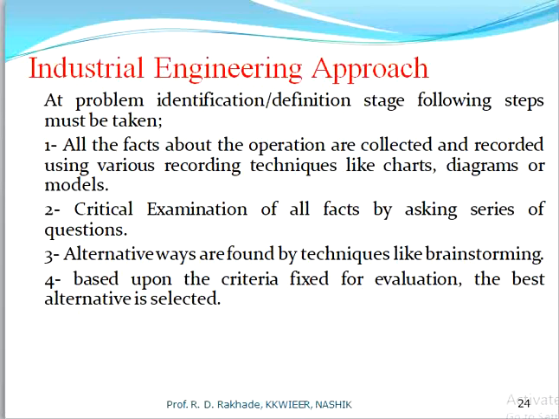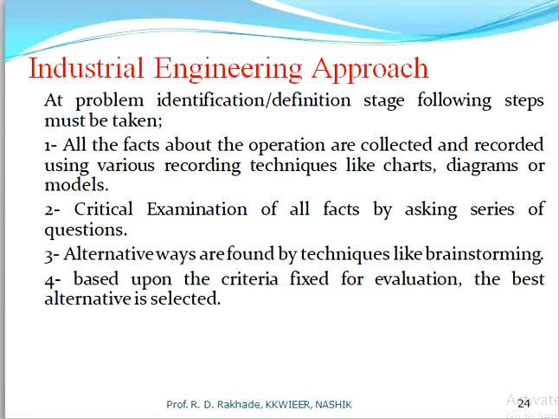So there is an approach of industrial engineering to handle problems. At the problem identification and definition stage, the following steps must be taken. First, all the facts about the operation are collected and recorded using various recording techniques like charts, diagrams or models.